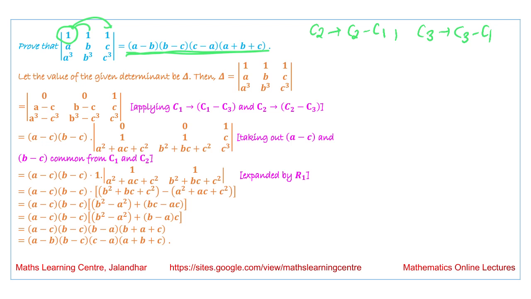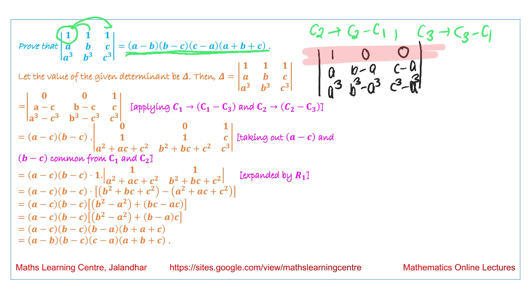So the determinant over here we will have 1, a cube, 0, 0 over here, this is b minus a, b cube minus a cube, this is c minus a, this is c cube minus a cube. Now if we open this determinant along this first row, the answer we get is determinant of b minus a, c minus a, b cube minus a cube, c cube minus a cube.